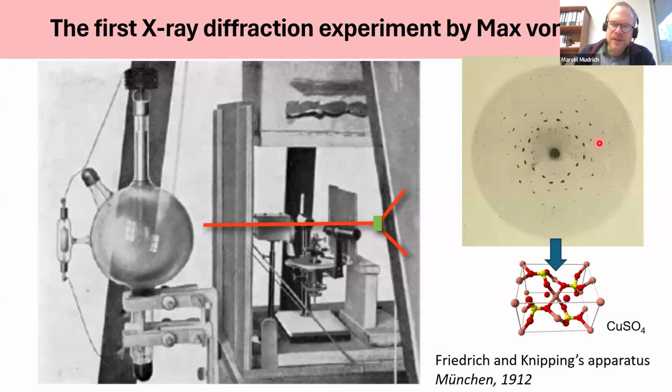In this way, it was possible to detect diffraction images, these characteristic Laue peaks on a screen, which enabled the people back then to infer the crystal structure of the sample, copper sulfate in that first experiment.